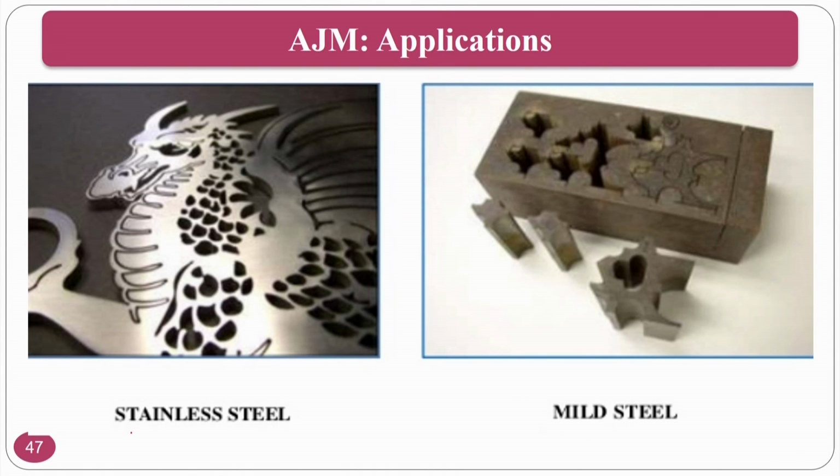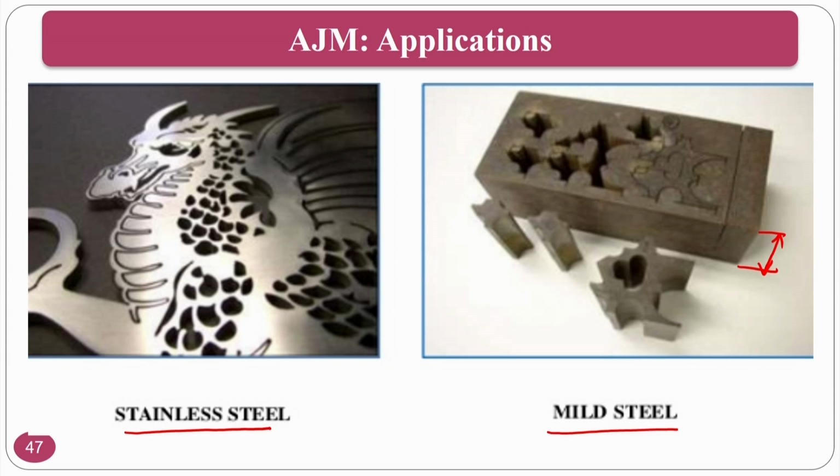In stainless steel workpieces, you can see good and complex structures are fabricated. At the same time, thin structures on mild steel can also be cut. You see the thickness of this material, it is very thick, and you can cut it using abrasive jet machining.